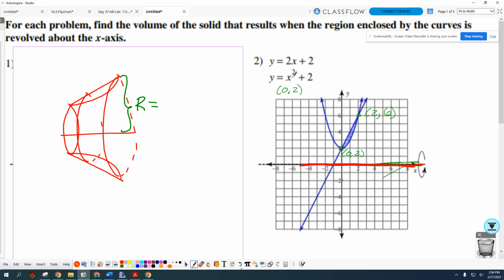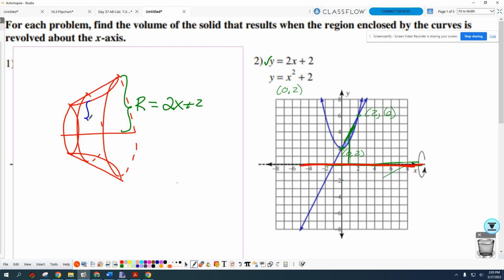I think it's 2x plus 2. The distance from this straight line to the x-axis is 2x plus 2. That is the radius to the outside shape. The hole that we're drilling out.